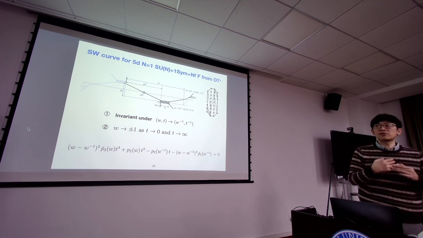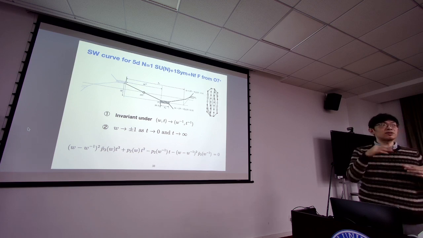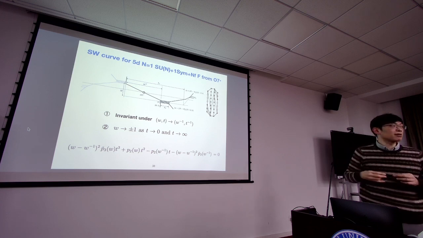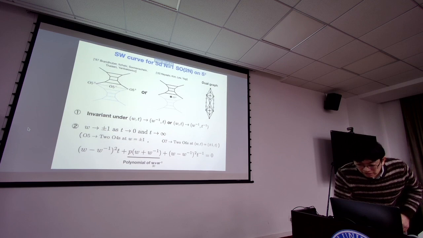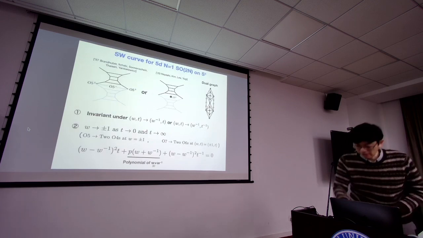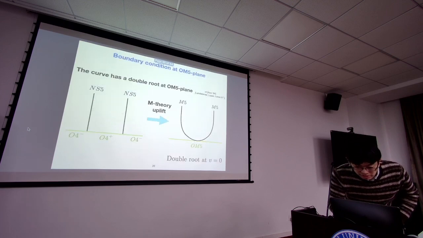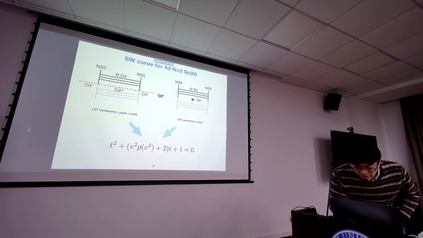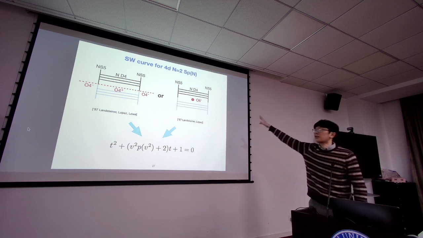Yeah, because the study of the uplift of this O6 to M theory and finding the Seiberg-Witten curve was already done relatively early, for example in 1997 they were discussing this.